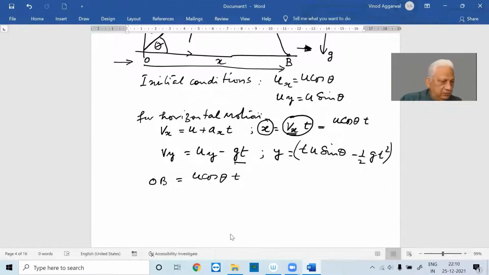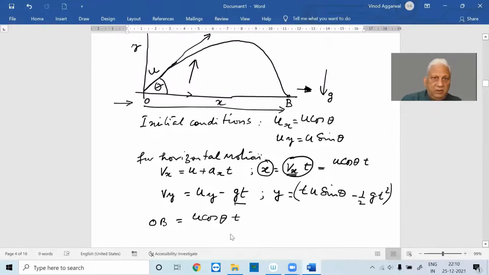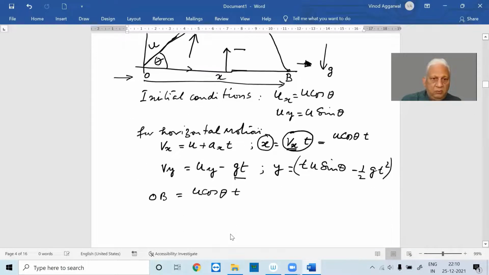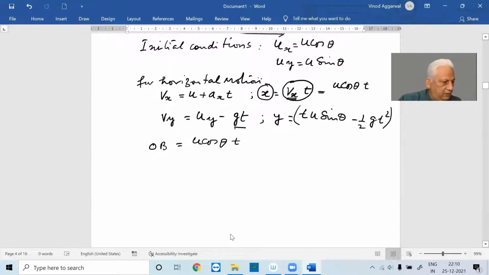Whereas y, the distance traveled in y direction, y is equal to... this is the distance traveled in y direction.